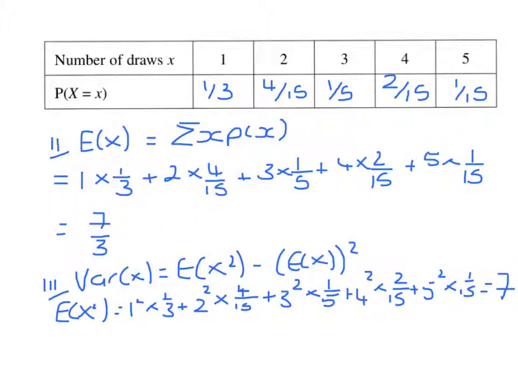That is 7. So the variance of x will be 7 take away 7/3 all squared, which is 14/9.